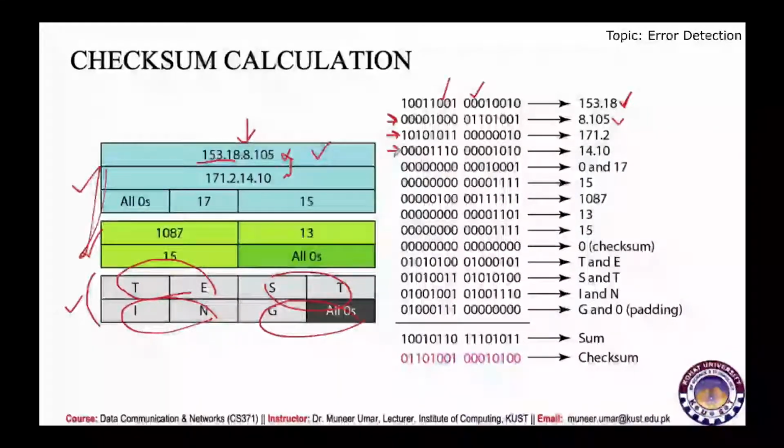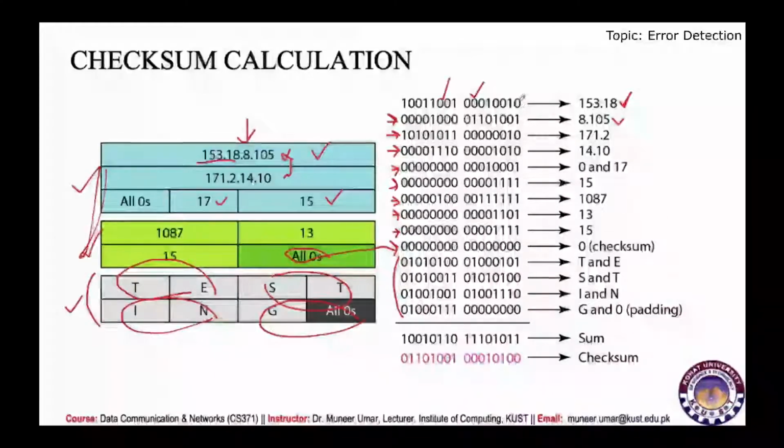Then we have the protocol and length, so here we have 16 plus 16. Also we padded some zeros. After that, port numbers, the port number of source as well as destination process. Then the length of the UDP header. After that, the checksum, this one, and then we have the data.